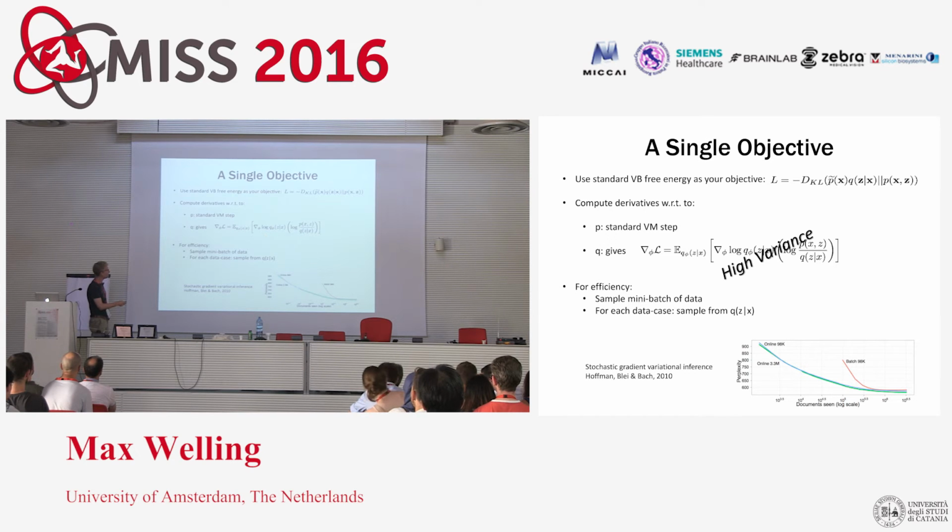You can do this very quickly, and that's fine. But the problem is that if you try to do that, it turns out that the variance is going to be very, very high. And that's the reason that it didn't work. In fact, there's two reasons why the variance is high. One is because you're sampling from Q, but the other one is because you're also subsampling the data at every iteration. So there's two sampling procedures, and those procedures basically generate noise.